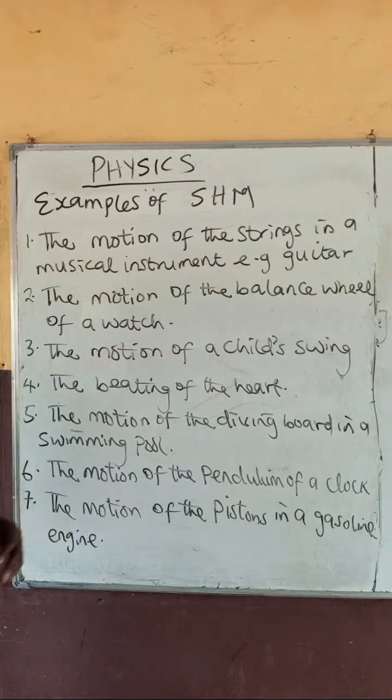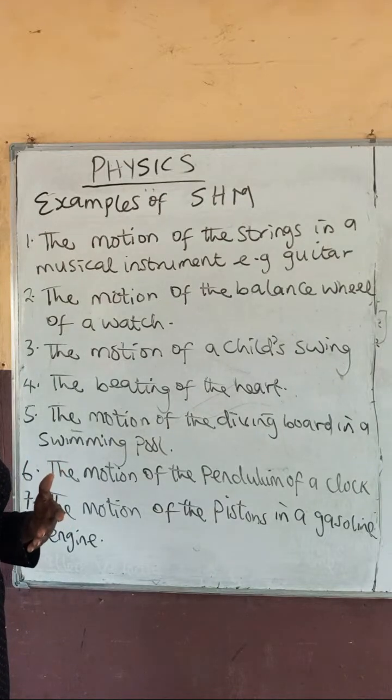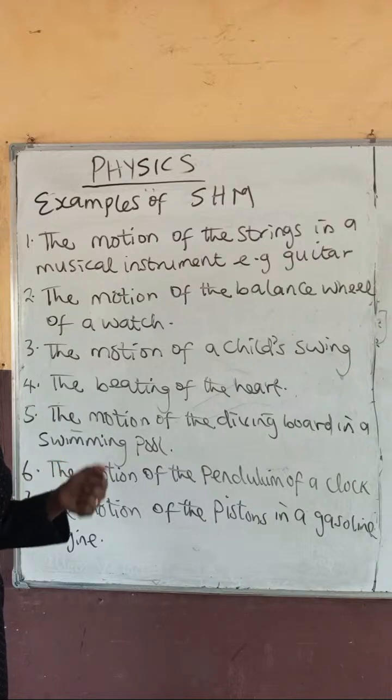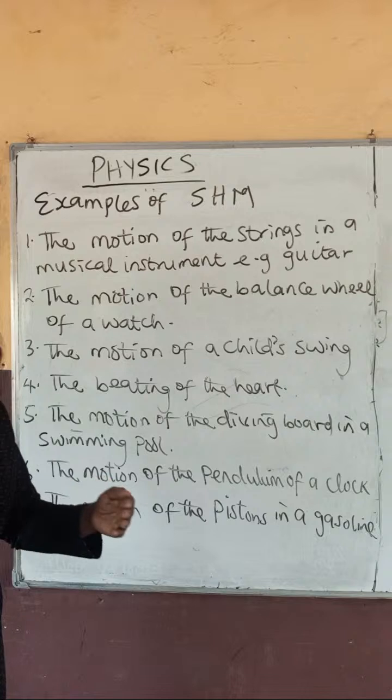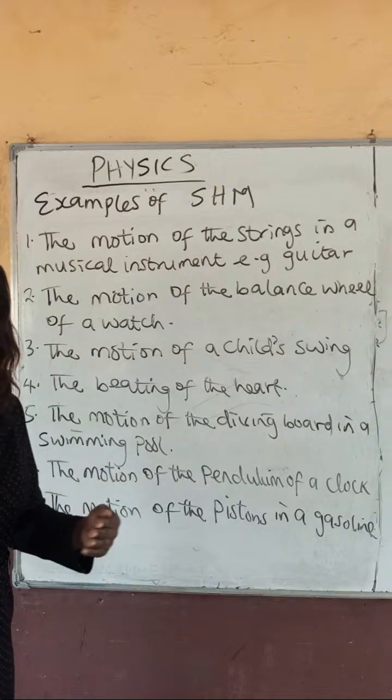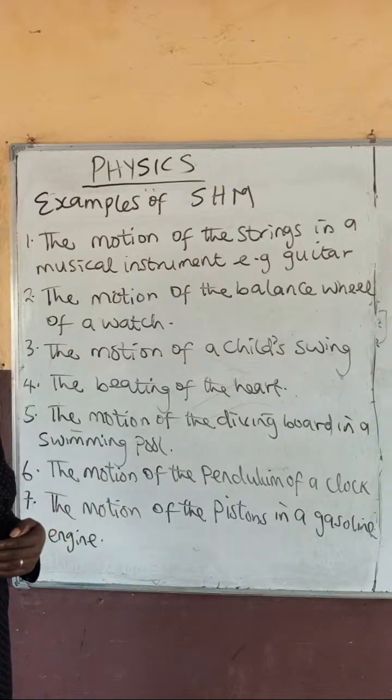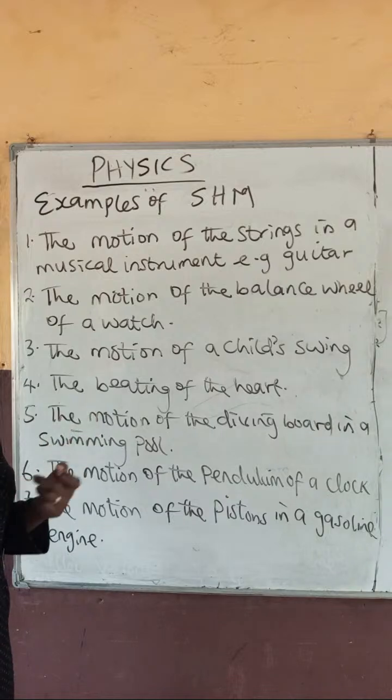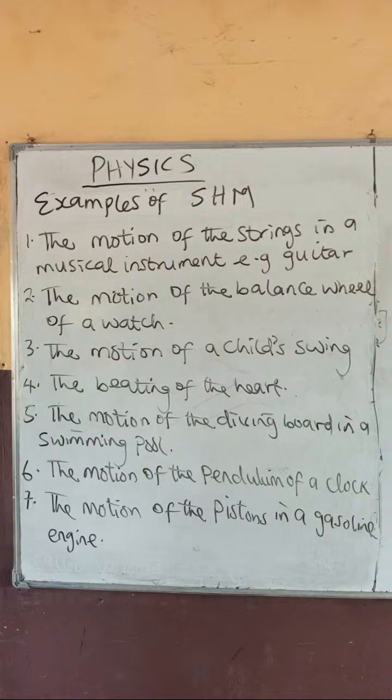And seven is the motion of the piston in a gasoline engine. So all this motion experiences what? Simple harmonic motion. And this simple harmonic motion is the motion that repeats itself at regular intervals. So it goes to and what? Fro. Do we understand? So right, let me go deeper to explain more on simple harmonic motion.